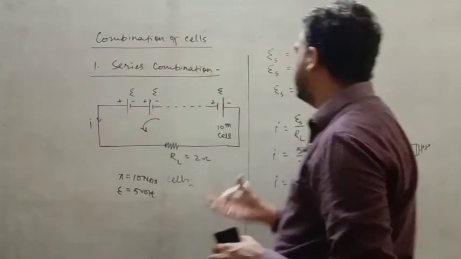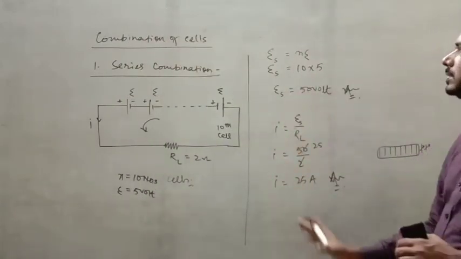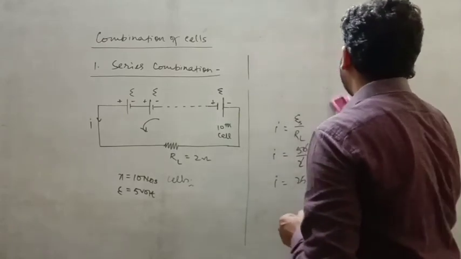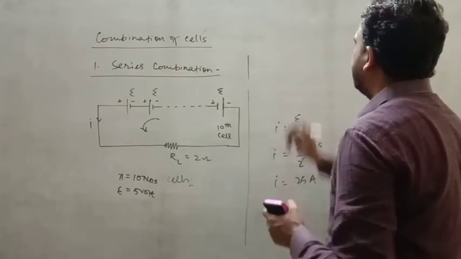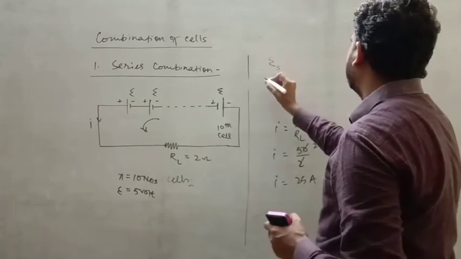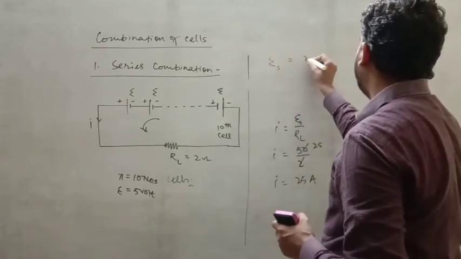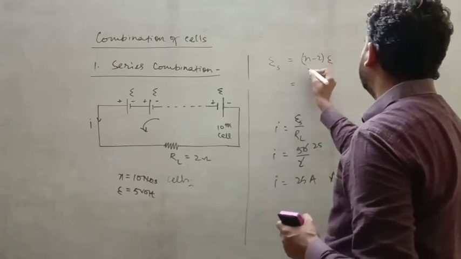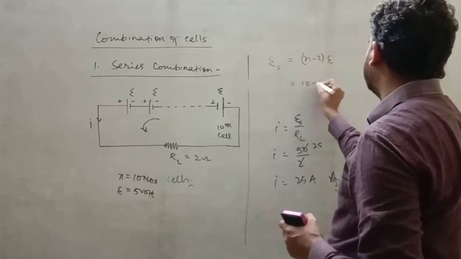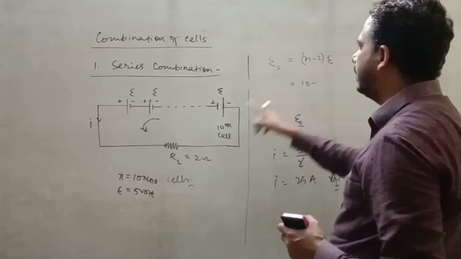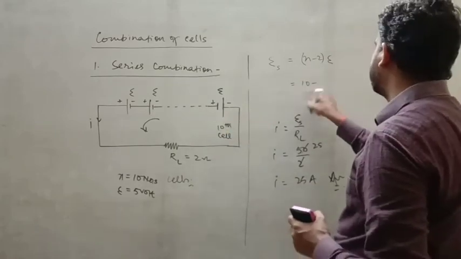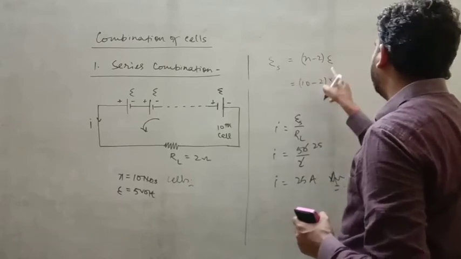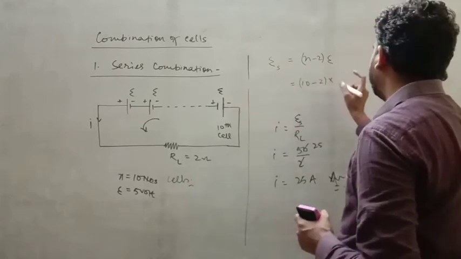Otherwise you can use the previous relation: the equivalent EMF would be n minus 2 into E. Put n equal to 10 because altogether you have 10 cells, and E is the magnitude of one cell, 5 volt.